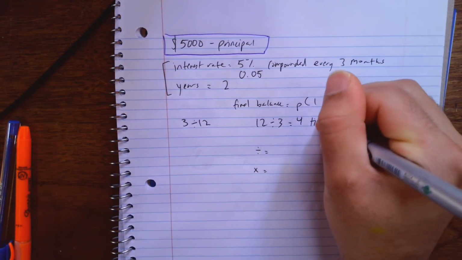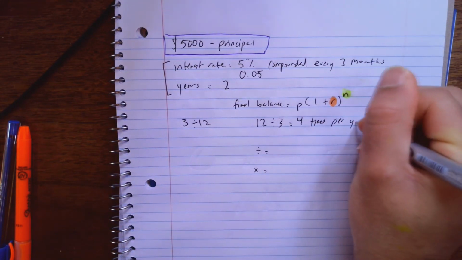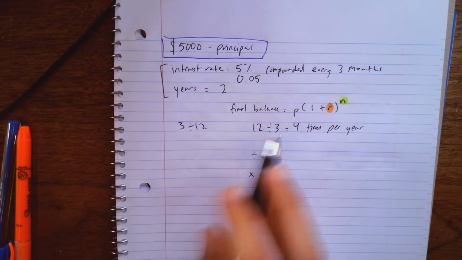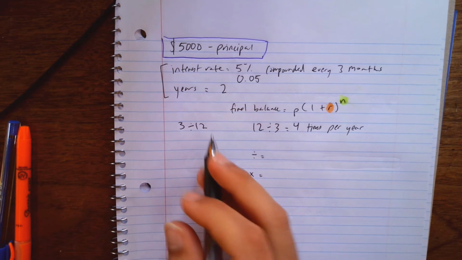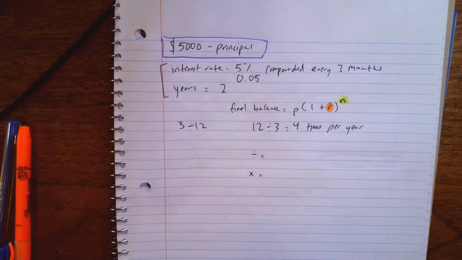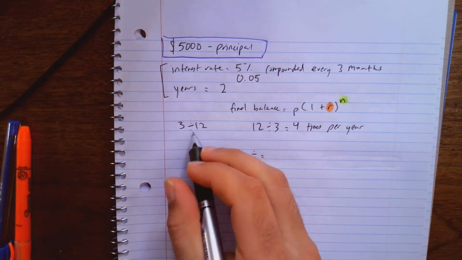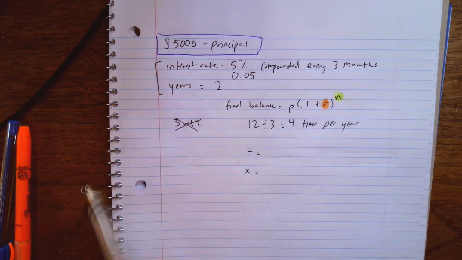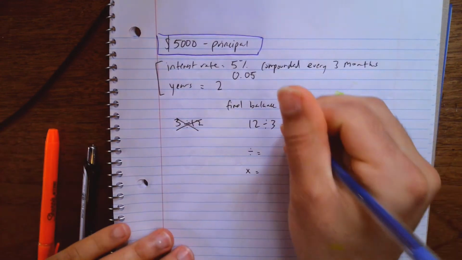Does 4 times per year make sense? I'd agree. So whenever you do this process and you plug in your numbers, just ask yourself, does that make sense? Does it make sense that the interest is compounded more than once per year? Okay. Let's try it this way. This is our big number right here.